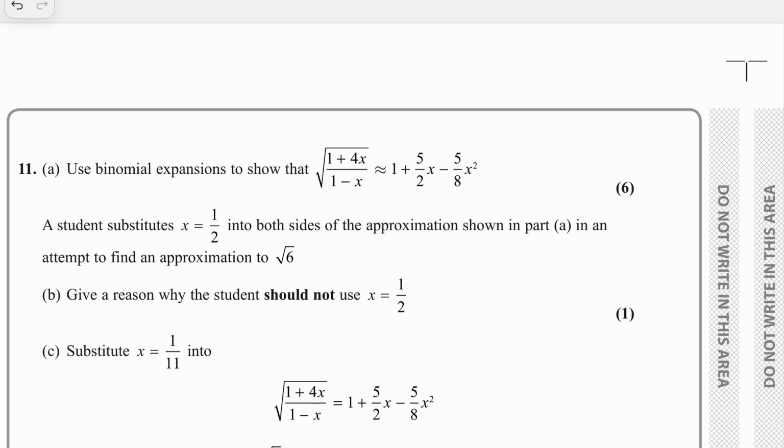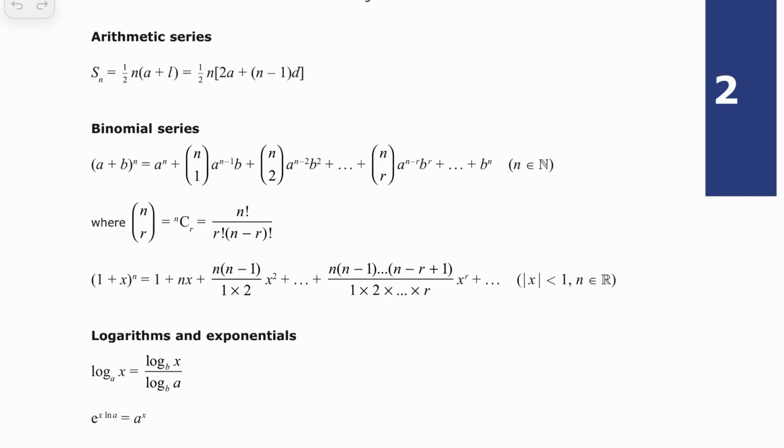And then for part B, we're told that a student substitutes x equals 1/2 into both sides of the approximation shown in part A, in an attempt to find an approximation to root 6. Give a reason why the student should not use x equals 1/2. So we can see in the formula booklet that the expansion is only valid when the magnitude of the x term is less than 1.